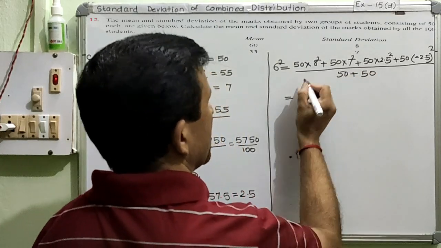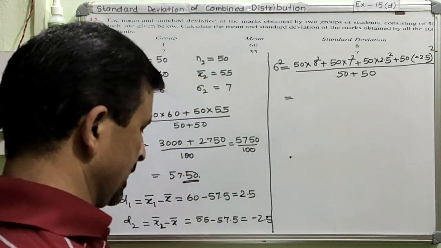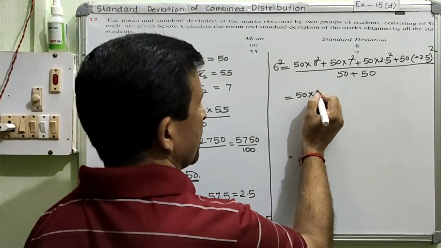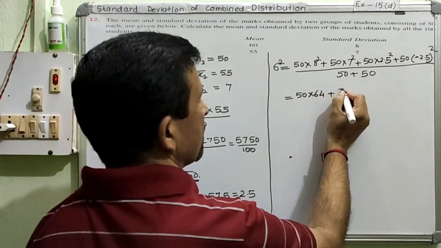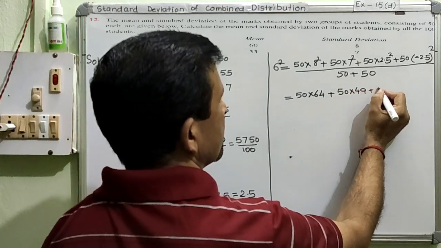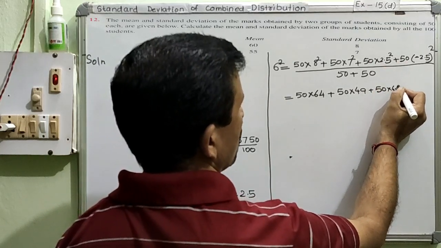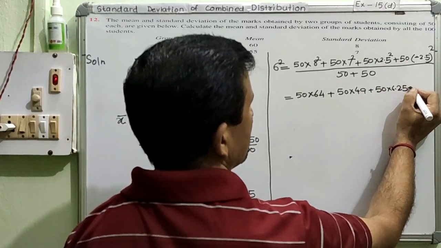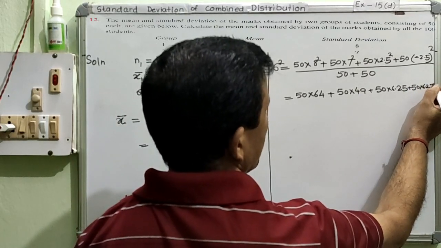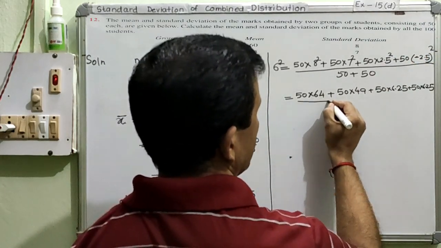Now we can simplify this part, right? So this is 50 into 64 plus 50 into 49 plus 50 into 6.25, and plus 50 into 6.25. You know why? Because this is negative, but it will become positive because the power is an even number.